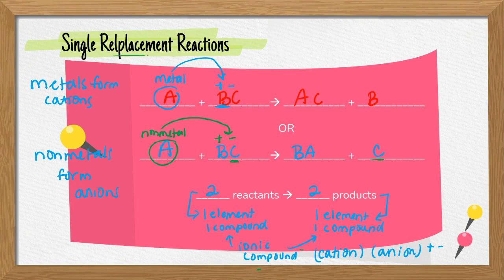They're called replacement because they replace. So A replaces B, and we now have AC in this case. Here, A replaces C, so it pushes out the C, and B is bonded with A. So make sure it's a metal replacing a metal, a nonmetal replacing a nonmetal.